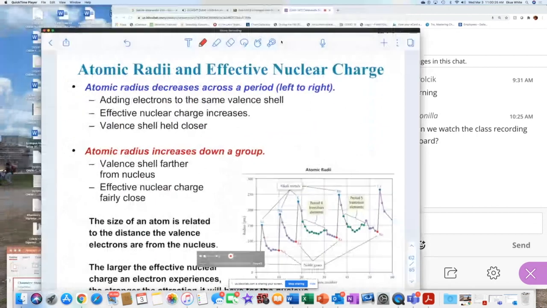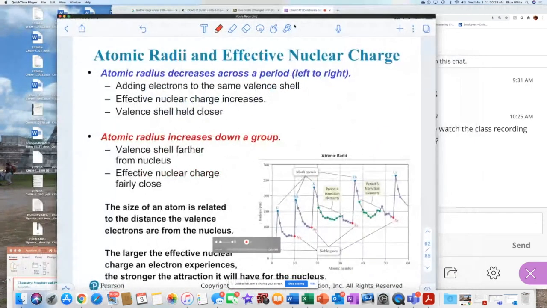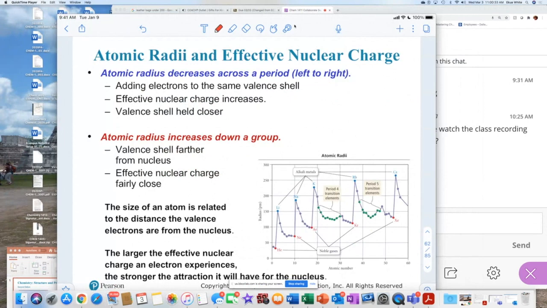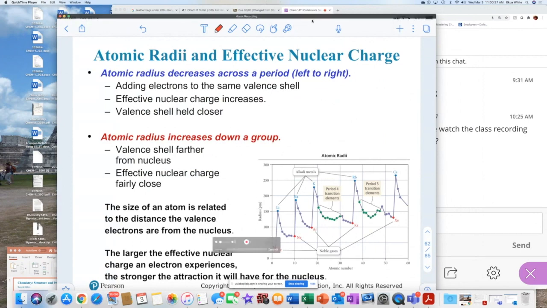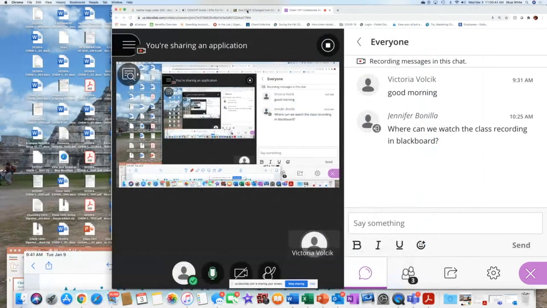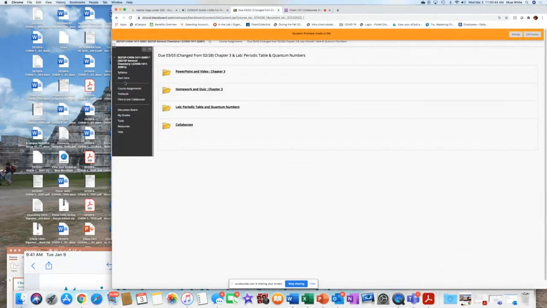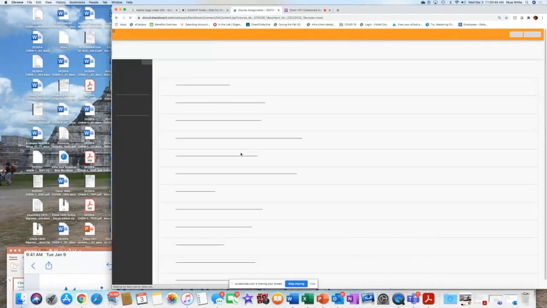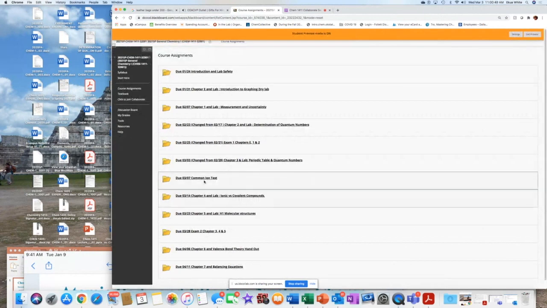How are we doing? I think you guys have your common ion exam coming up next, right? So we'll talk about this part here. For the common ion exam, what I would say, since I don't get to talk about that before we get to it, let me look at this right here. Because that's what's listed next here.